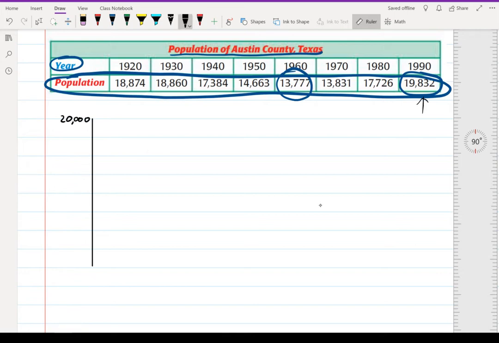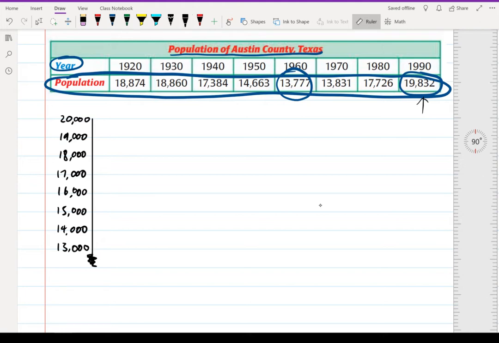Okay, so this will be 19,000, 18,000, 17,000, 16,000, 15,000, 14,000, and 13,000. Okay, and then down here, I'm gonna do some sort of a break.